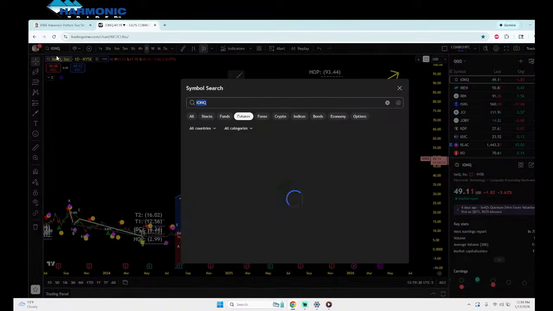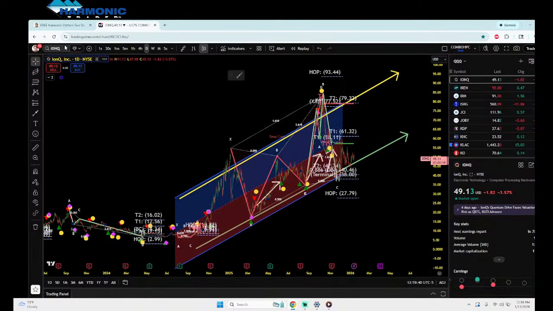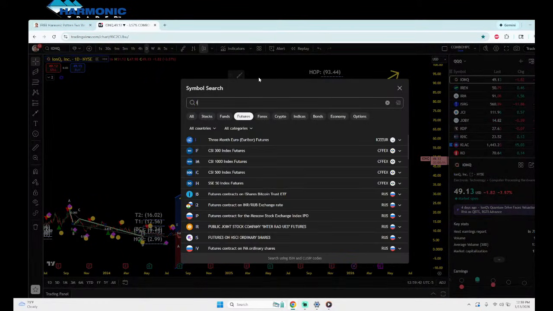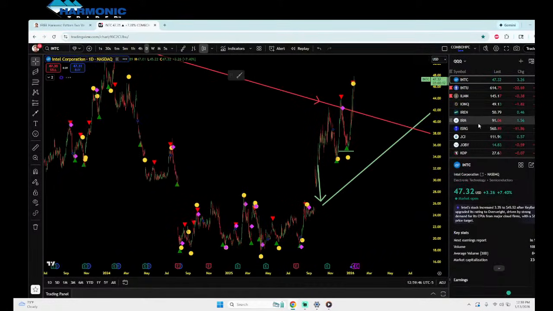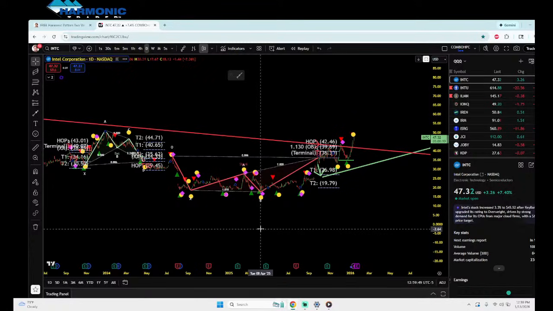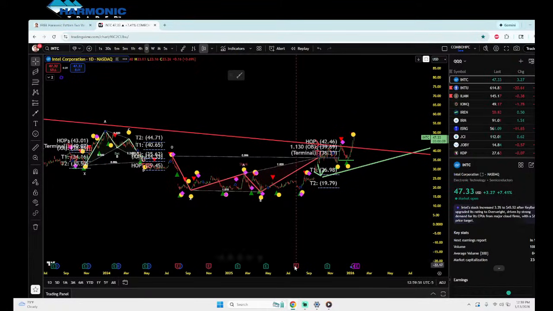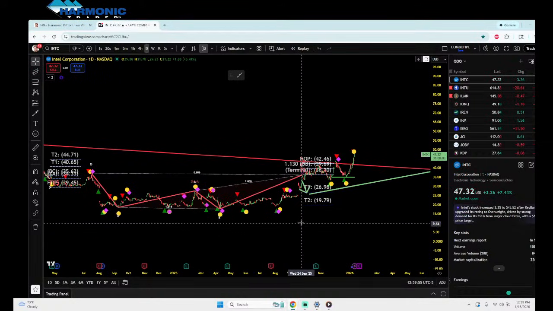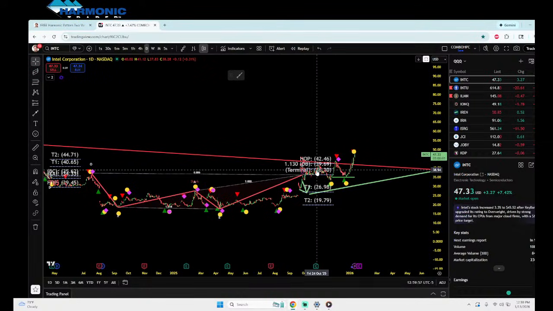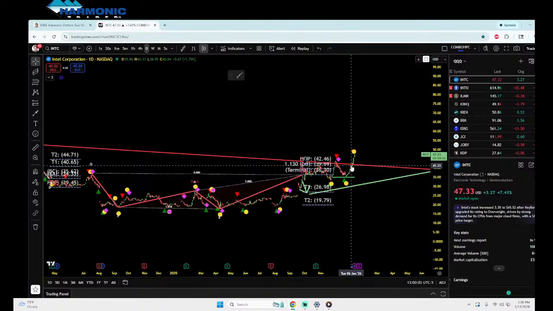Couple more. We got to look at stuff like Intel. This is getting interesting. Intel, 47 now, guys. I think this thing wants to take out prior resistance. We've been up here at this shark pattern going back since the fall. But sideways action, this is becoming a dud.